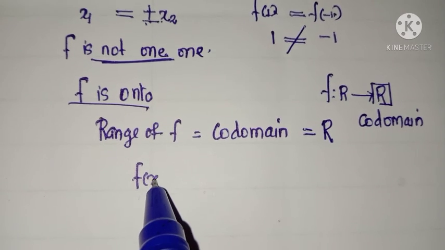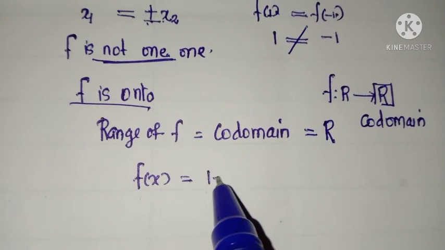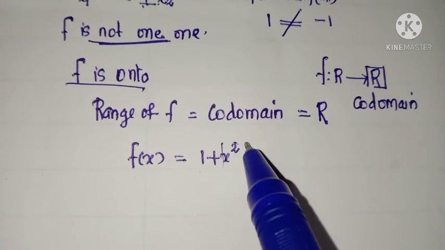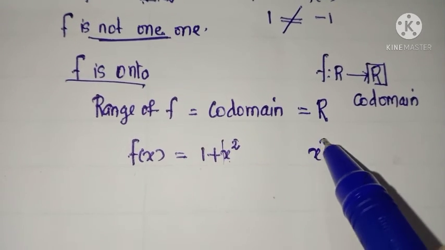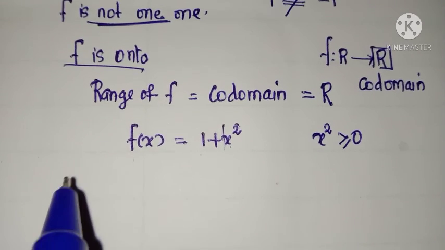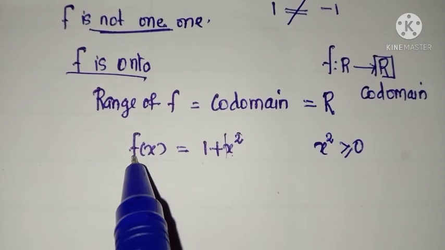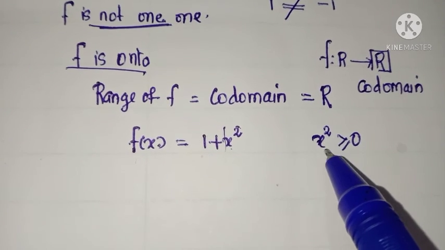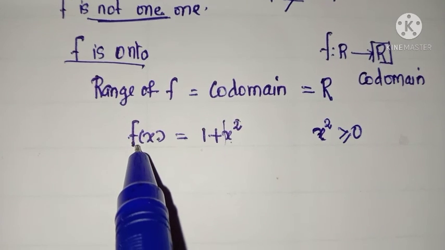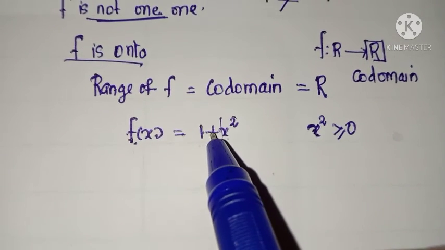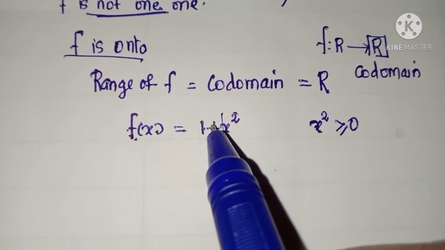Listen, the function f is defined as 1 + x². Here x² is a square function. A square function is always greater than or equal to 0. So if we put any value for x, we can see that the value of f(x) is at least 1.